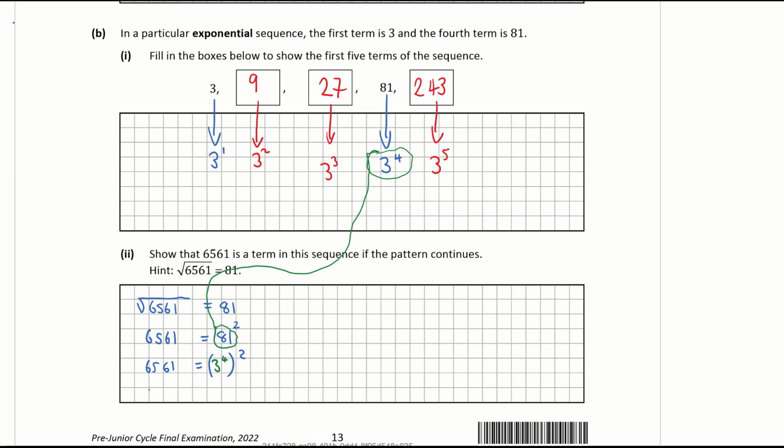My final answer there will be 6561 is equal to 3 to the power of 4 by 2, which is 8. And there's my sequence continuing, because we have 3 to the power of 1, 3 to the power of 2, 3 to the power of 3, 3 to the power of 4, 3 to the power of 5, and now I have my new one, which will be 3 to the power of 8. So you can see here that it's continuing with the same large number, the 3, and it's increasing by a power each time.